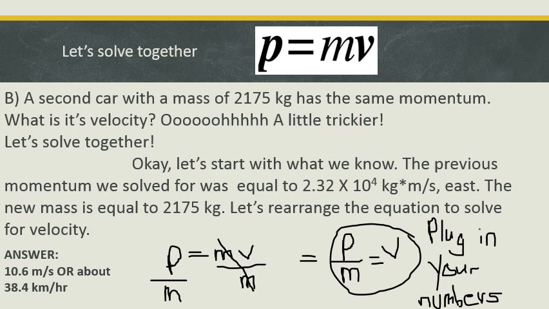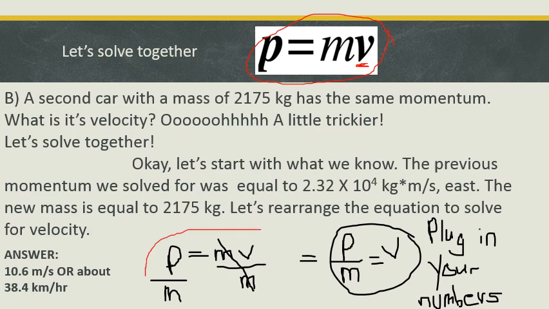So again, we are using the formula for momentum, but we know that we are solving for velocity. So we want to get velocity by itself, right?